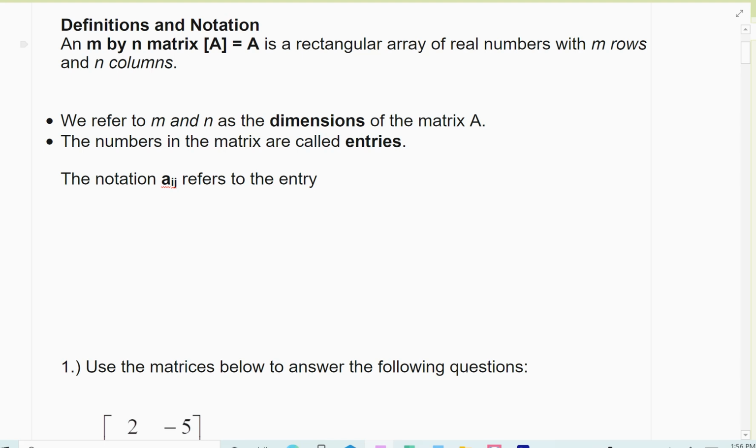So the dimensions are always rows by columns in our matrix A, and then you have so many numbers involved. A lot of times we're going to ask for a specific number in the rectangular matrix, and to do that we use a specific type of notation. Suppose we have some matrix A that we've been given. The uppercase A is my matrix.